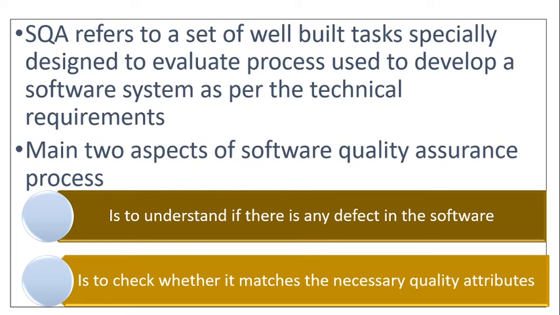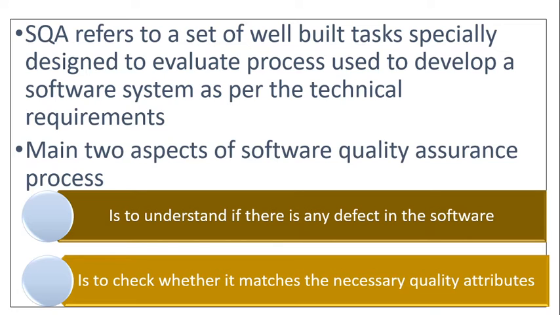Defects are understood by using some standards. The software quality assurance process applies some standards. Standards means they are given guidelines. According to those guidelines, the software is working properly.